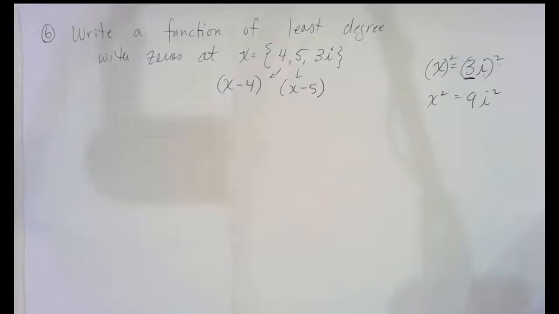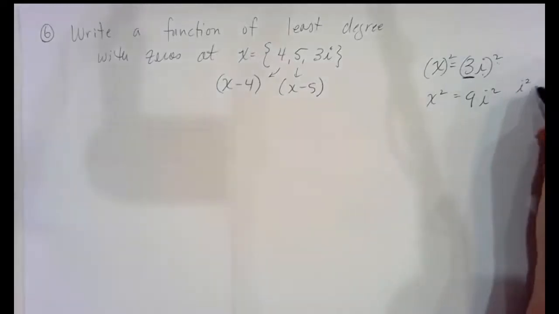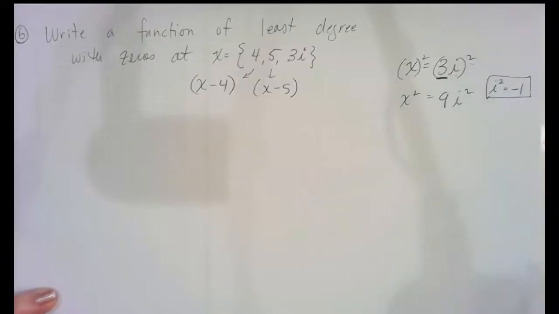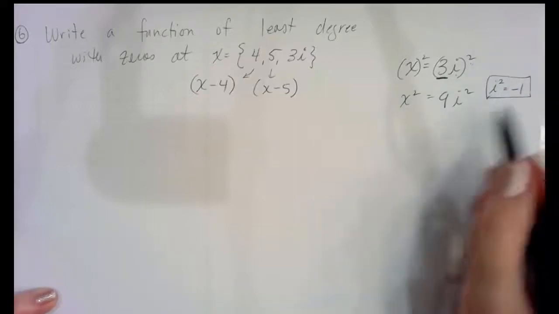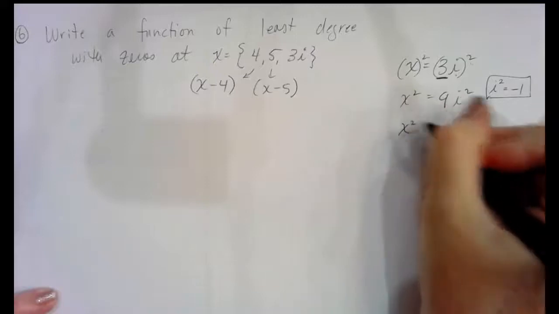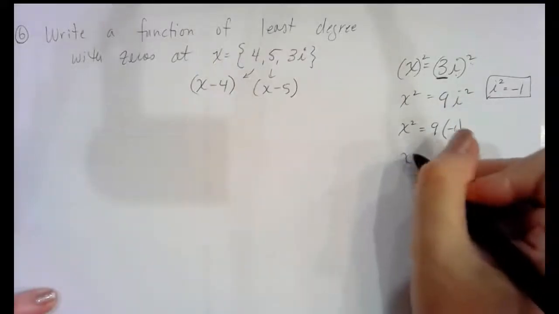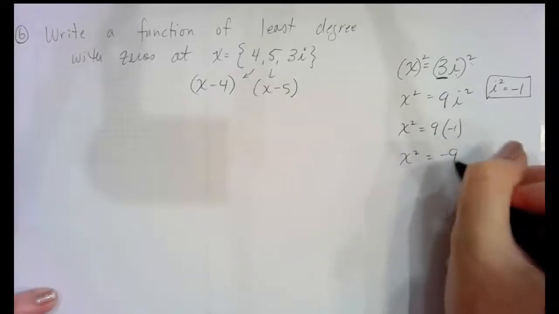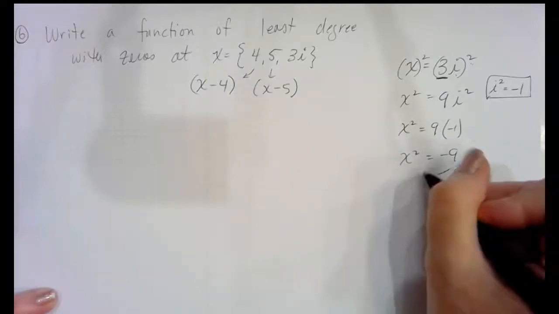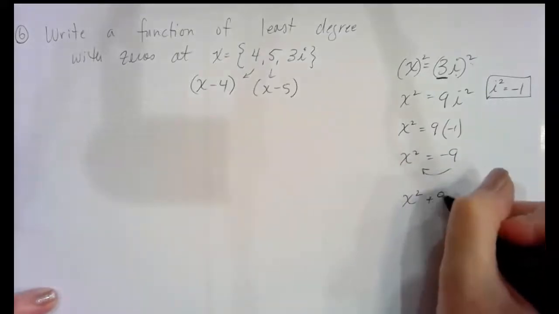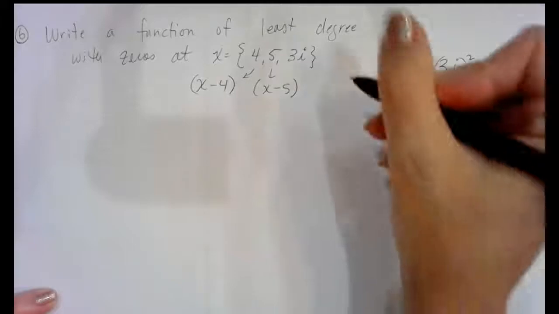And we know that i squared is going to be equal to negative 1. So wherever we see i squared, we are going to plug in negative 1. So x squared equals 9 times negative 1. x squared equals negative 9, and then we just need to move that negative 9 to the other side.